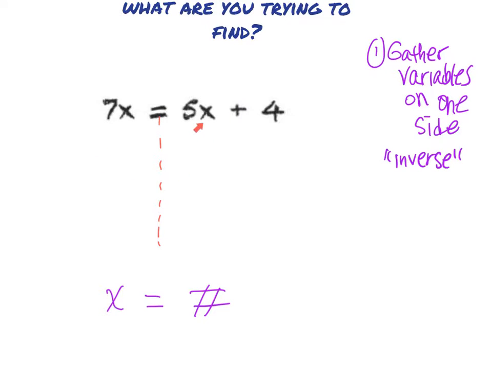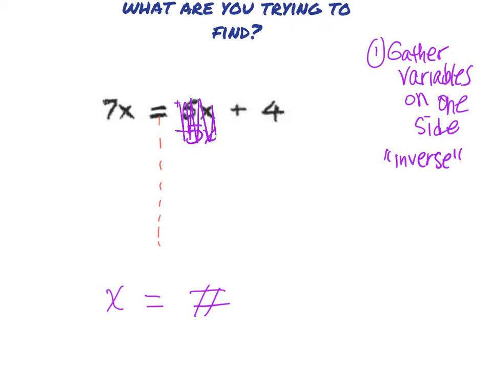So now the question is, how am I going to do the inverse? What sign? Well, these two items are being added, but most importantly, the 5x is currently plus. So what you're going to do is subtract 5x, because when you subtract 5x, that goes away.